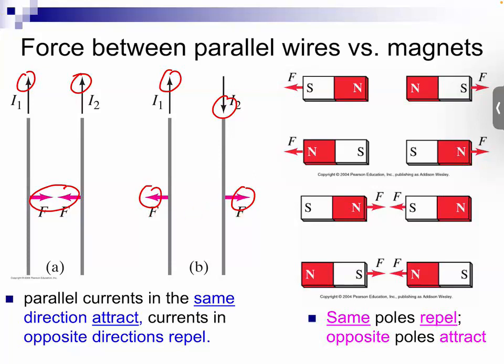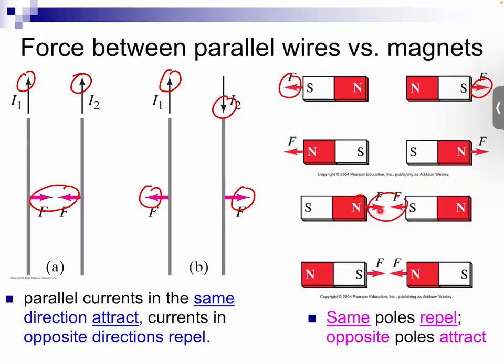Okay. And we compared that to the force exerted by magnets. We can see here that for magnets, like poles repel, so a north pole will repel a north pole. But opposite poles attract, such that a north pole will attract a south pole.